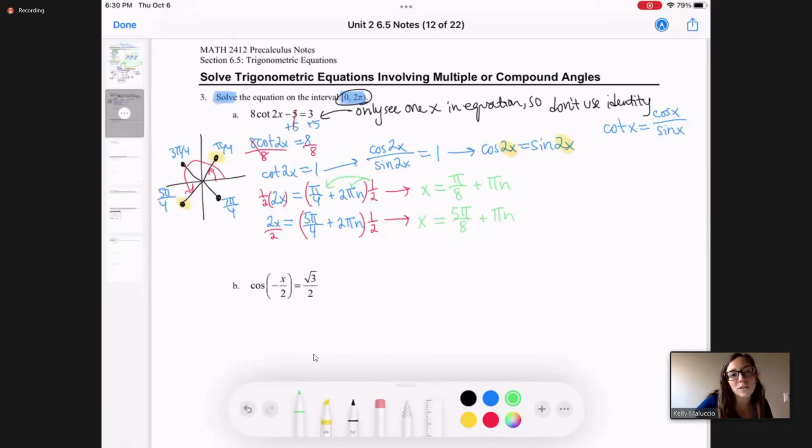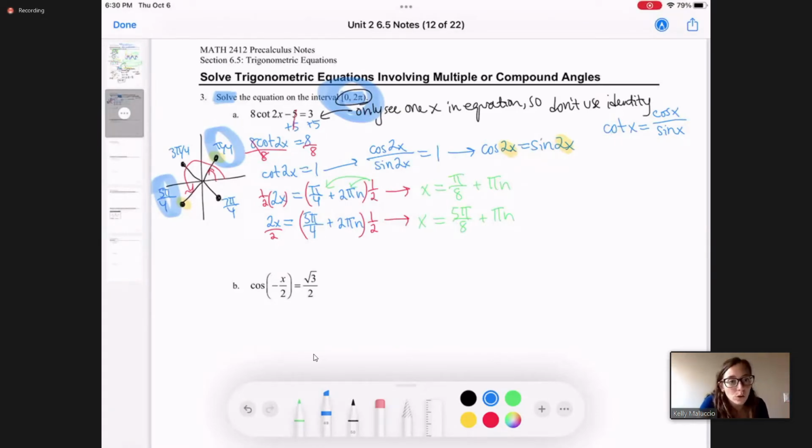Now, what you want to check, the reason I added this 2 pi n in here is because we're looking specifically between 0 and 2 pi. And I know if it was just x, it would be pi over 4 and 5 pi over 4 and we're done. But because it's 2x, there might be more solutions within 0 to 2 pi where this is true.